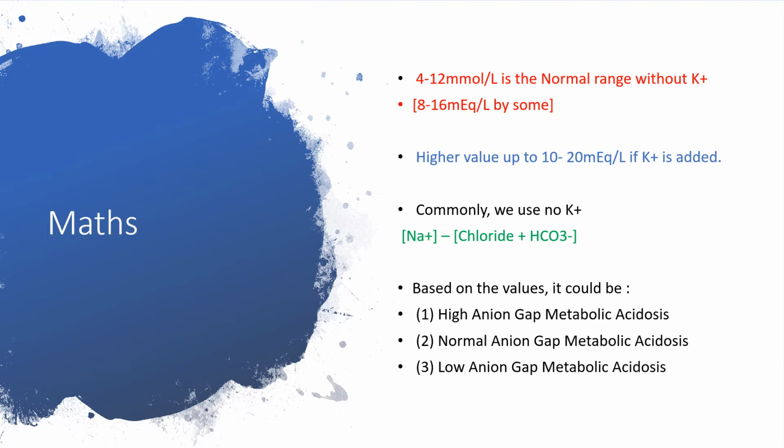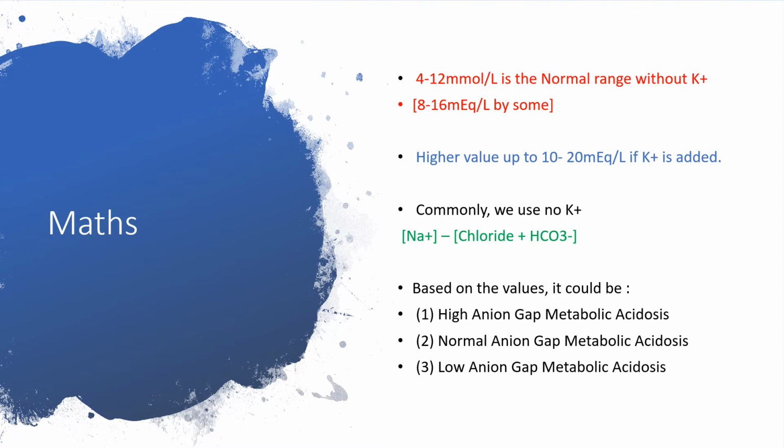The normal range of anion gap is variable depending on the laboratory and the individual. Some will go for 4 to 12 millimoles per liter as the normal range, that is without putting the potassium into consideration. And others will use 8 to 16 milliequivalent per liter.